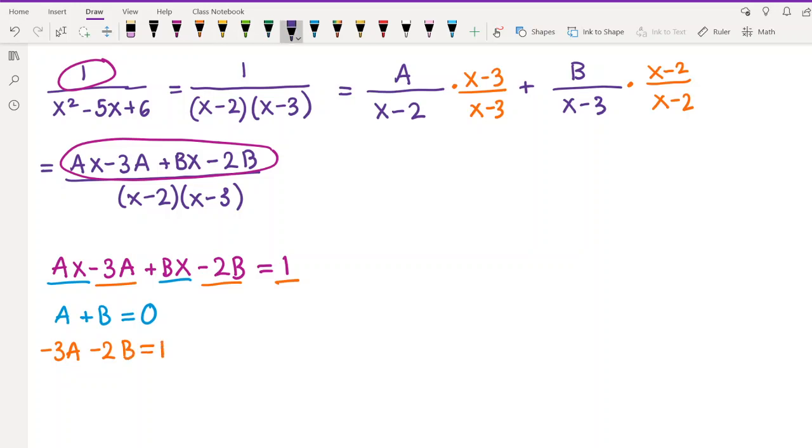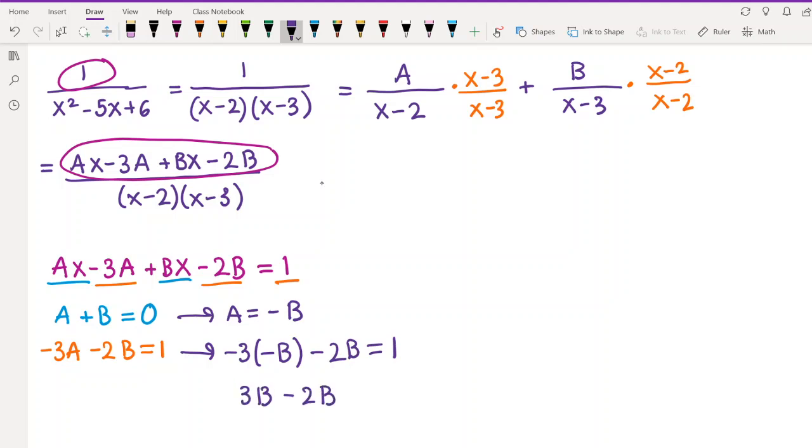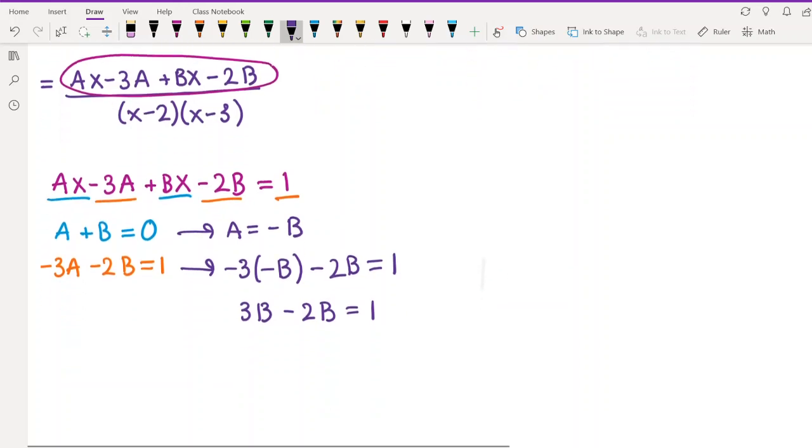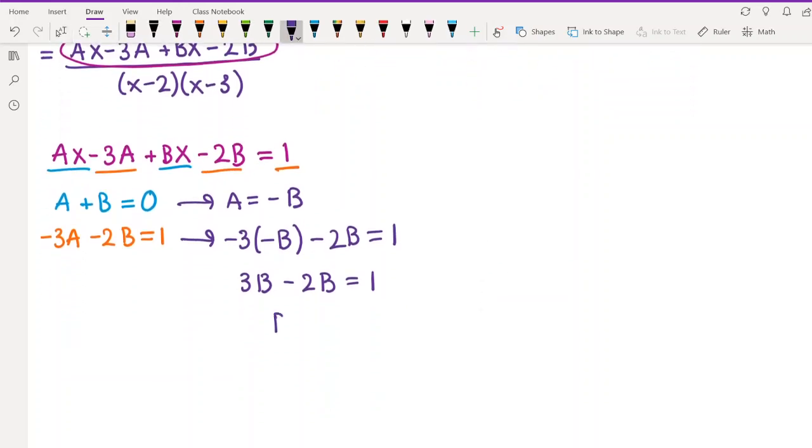Okay, so from here we can conclude that a is equal to negative b, and then we can put that into our second equation, and we have negative 3 times negative b minus 2b is equal to 1. And so that gives us 3b minus 2b is equal to 1. And so that tells us that b is equal to 1. And so that means that a has to be equal to negative 1.